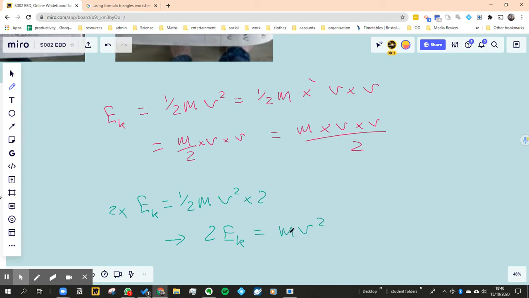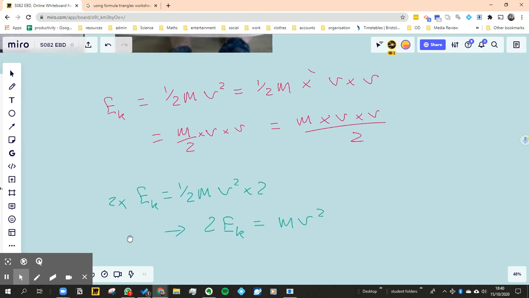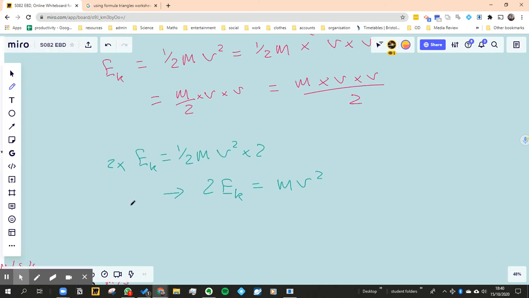Now we could single out m, or we could single out v. Let's start off by singling out m because it's a little bit easier. So what we do now is divide. This time I'm going to write in brackets what I'm doing to both sides. So I'm going to divide by v squared, on the left and on the right. So 2 times the kinetic energy divided by velocity squared is equal to m.